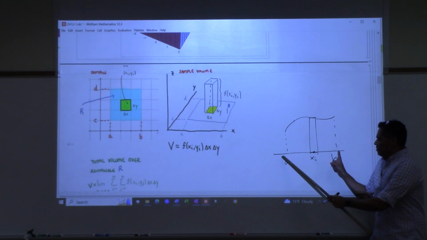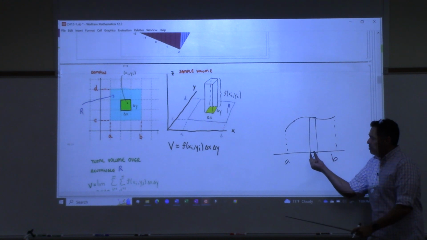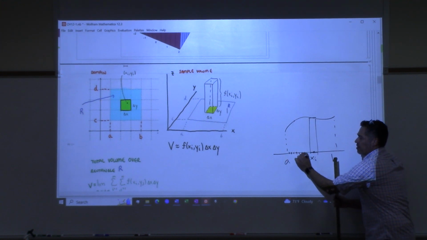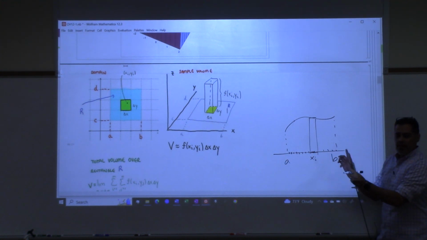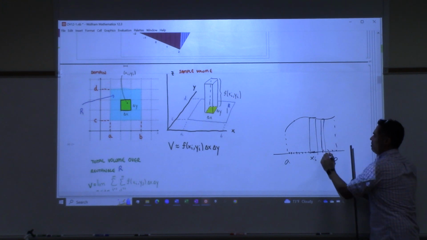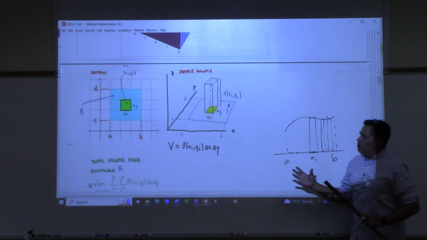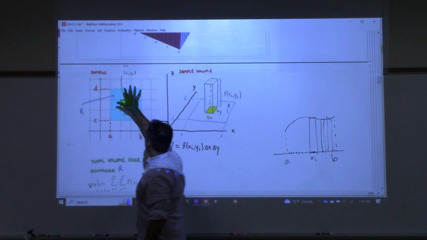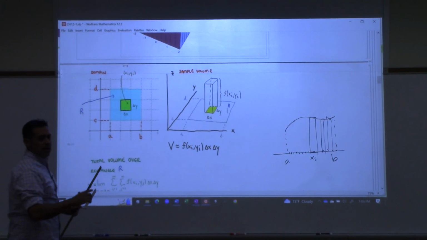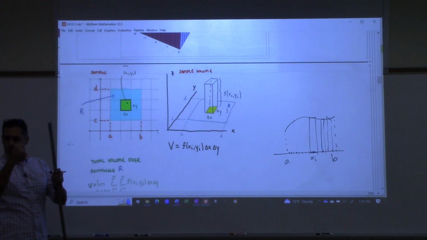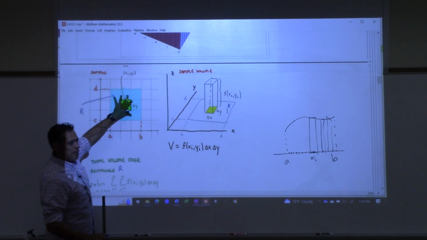Well, first thing we did was we took the interval, right, and we cut it into a bunch of pieces to create our rectangles. And then for each little piece, we just drew rectangle, rectangle, rectangle, right, and found a formula. Here, we got to take our domain, which is the region that's on the ground, right? So in that picture that I just drew where it was 2 by 2, imagine that that's what this is.